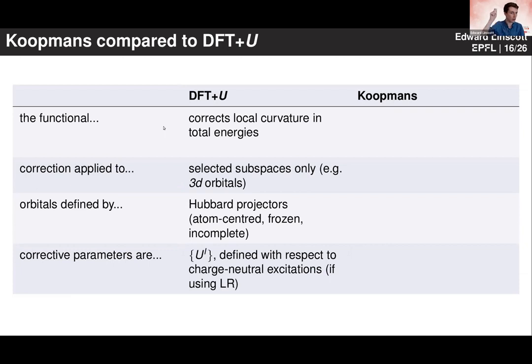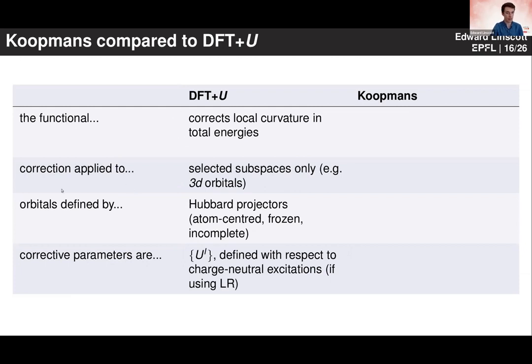If you write down the term mathematically, what it's targeting is that it adds additional curvature in the total energy with respect to the occupations of local subspaces, which should in principle counterbalance the erroneous curvature from self-interaction error.